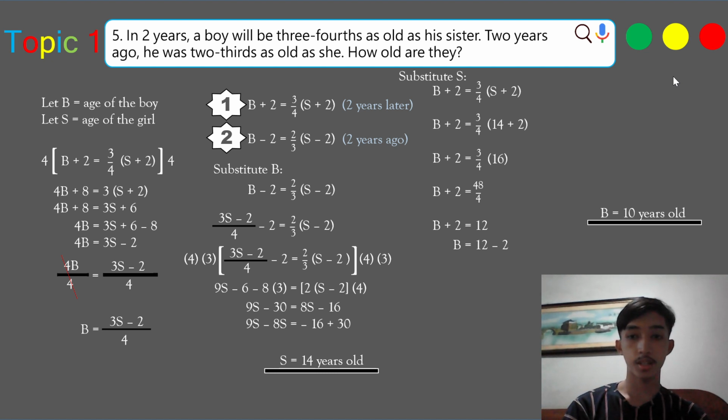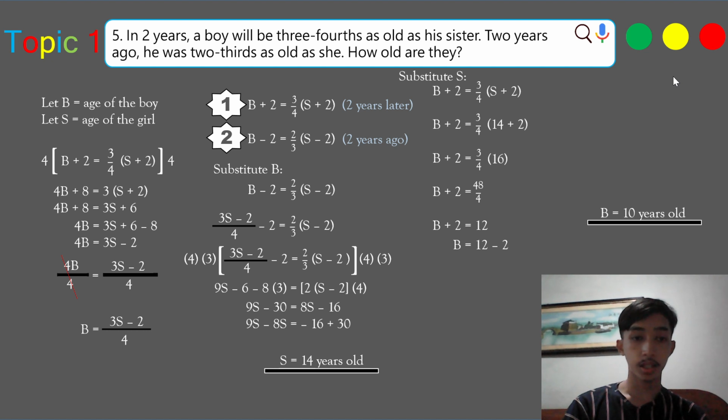Then first, let's find the initial value of B. So we'll be using equation number 1. We multiply both sides by 4. So 4 times B is equal to 4B and 4 times 2 is equal to 8.